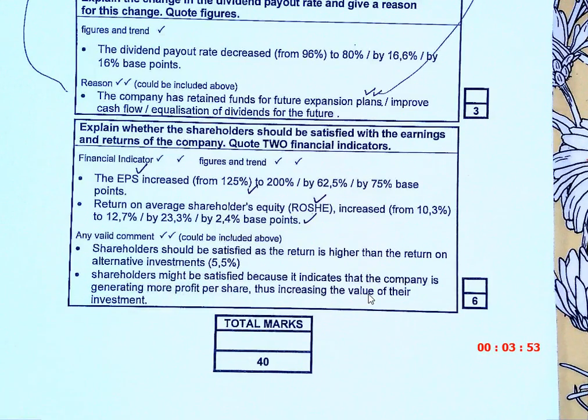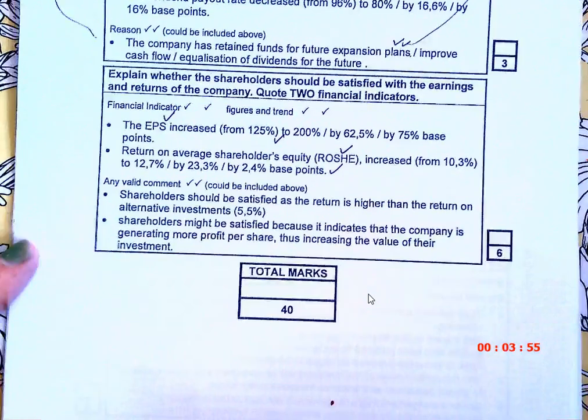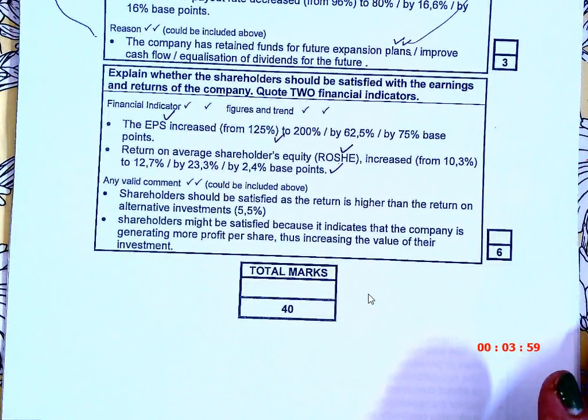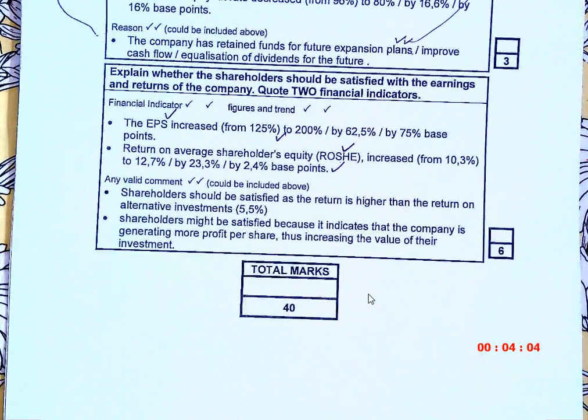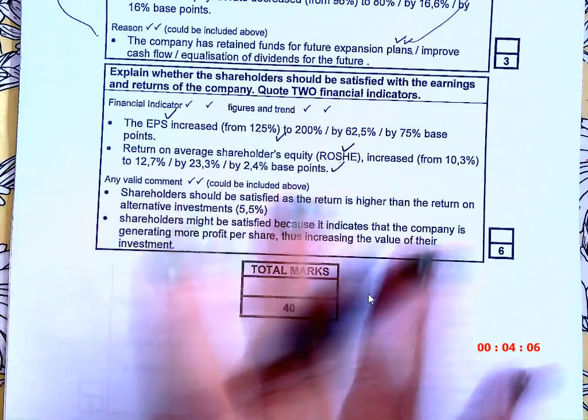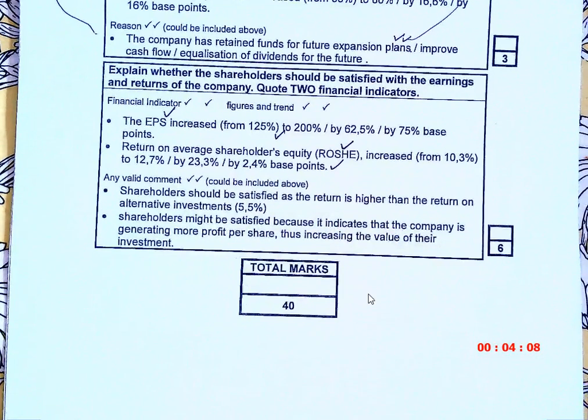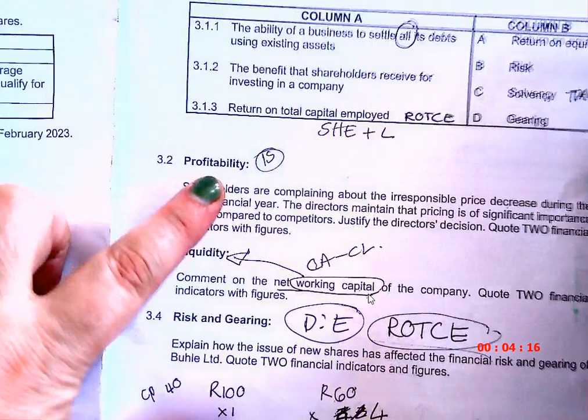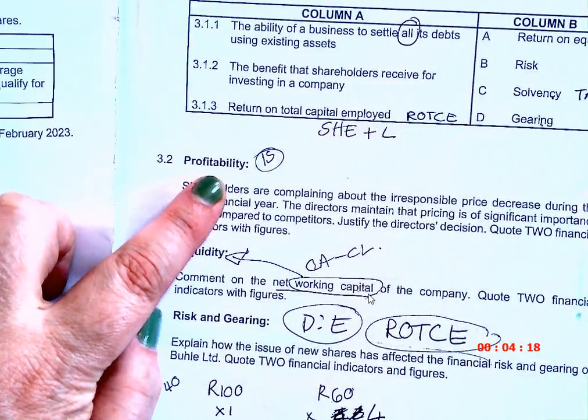The first thing, let me just again tell you, it's so super important. Go back to those videos that we made the Saturdays before the prelim, where I tell you what to look at. But with ratios, you cannot go into ratios if you do not know what each ratio contains. So in other words, if you look at the heading, profitability, you know it's all the income statement stuff.